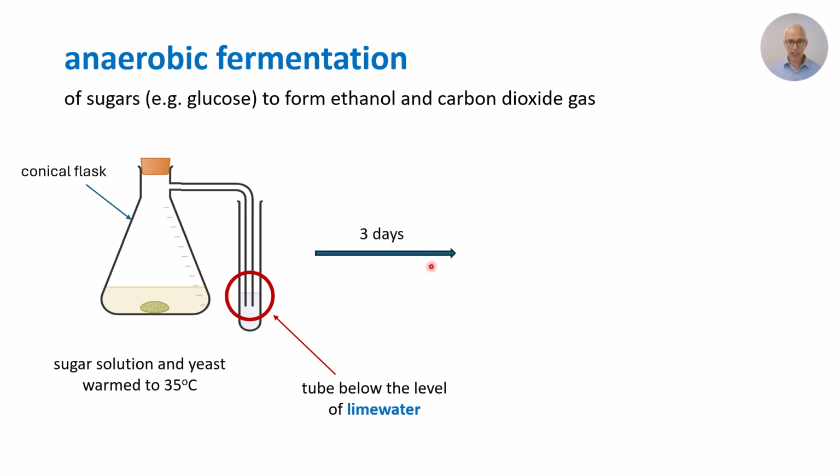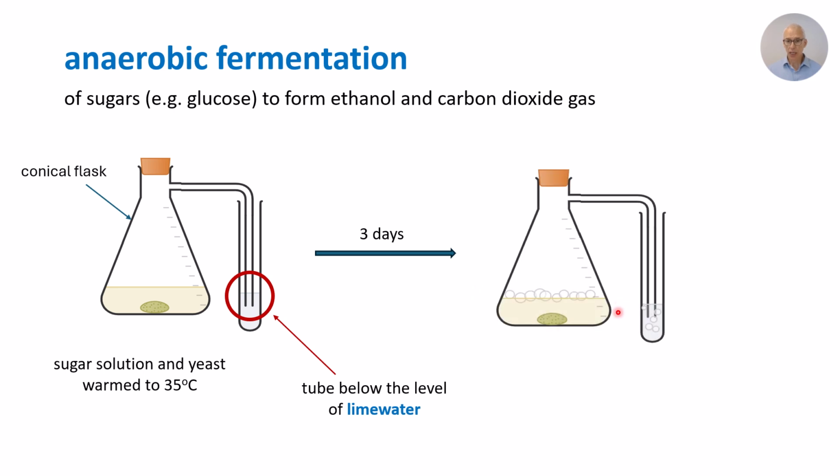We leave that for 3 days or so, in which time we will start seeing bubbles. What gas is that? It's bubbles of carbon dioxide. What happens to the lime water? It turns milky white.